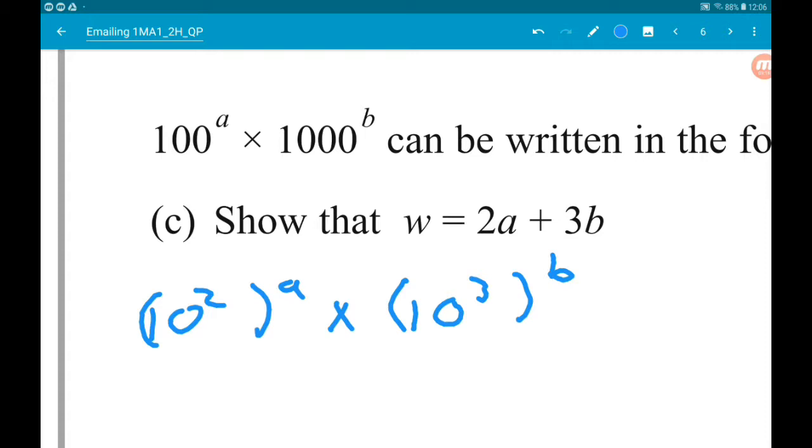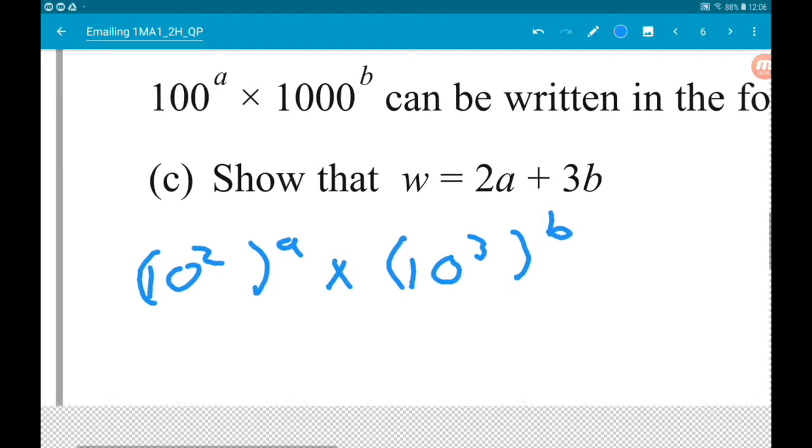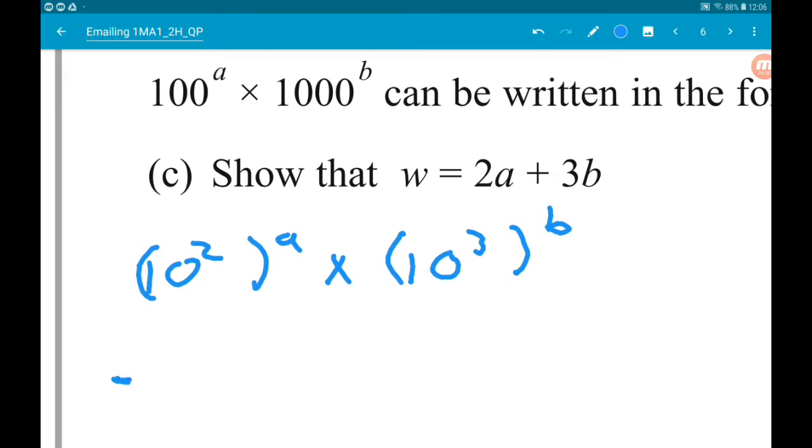Now, using the rules of indices, again, powers separated by brackets multiply. So 10 squared to the a is 10 to the 2a. And then 10 to the 3 to the b is 10 to the 3b.